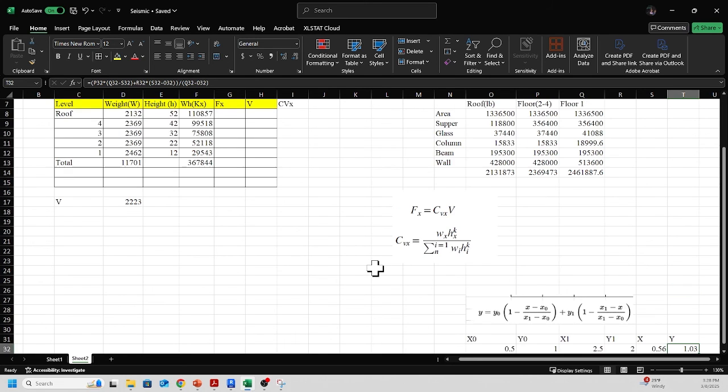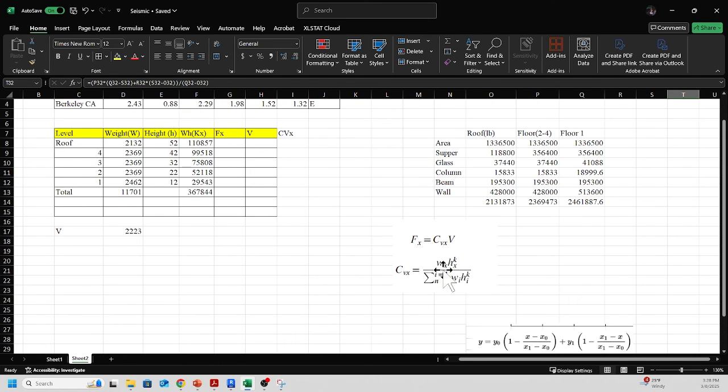Going back to our equation right here, we're going to have Wx times hx to the power 1.03. Let's see if I can make this work. Write an equation here. That's going to be equal. Might have to put a bunch of parentheses in. Hx is right here, and W is right there.